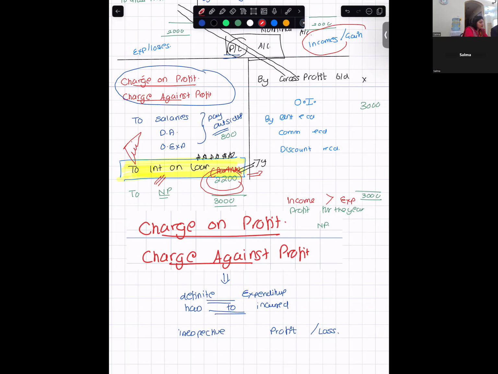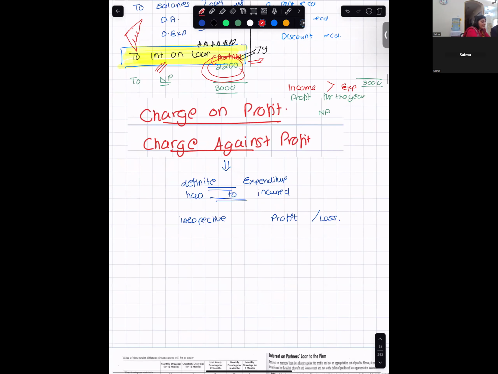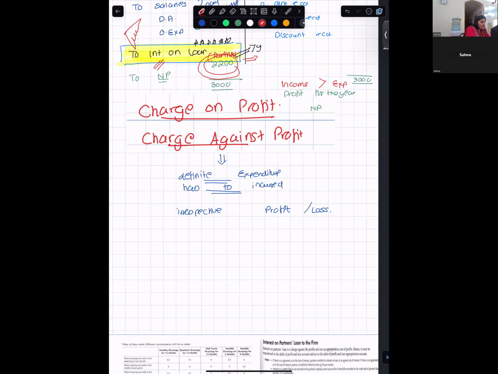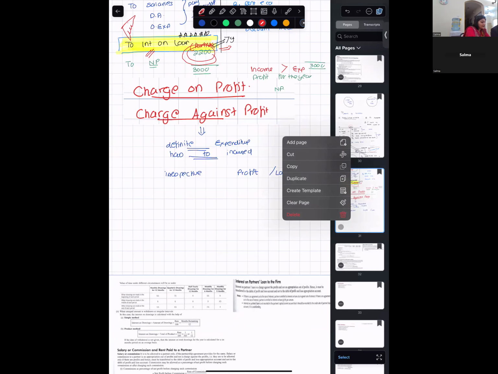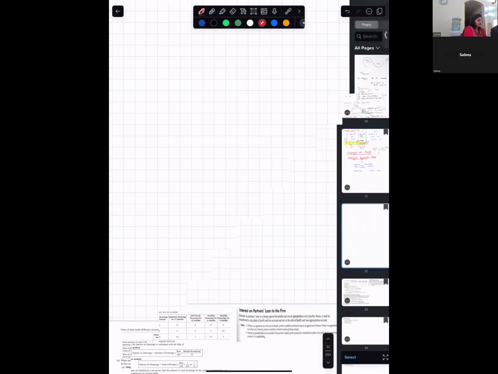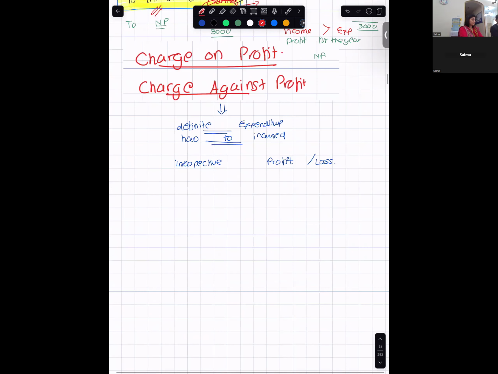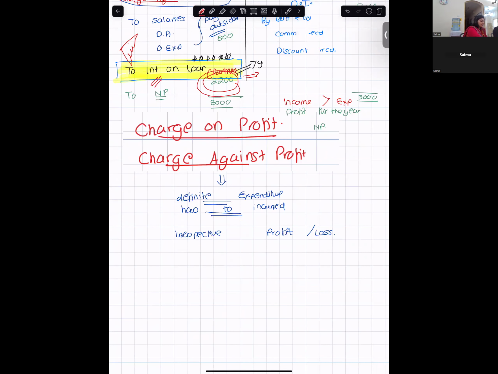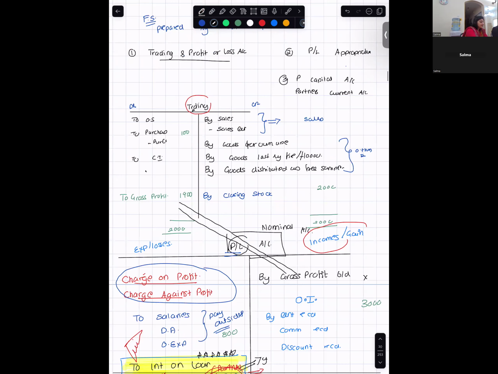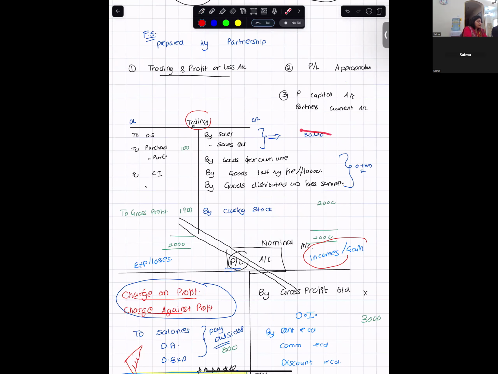How much is your profit? 2,200. Okay, come on, tell me, where will this profit go? The first statement that you made is the trading account.